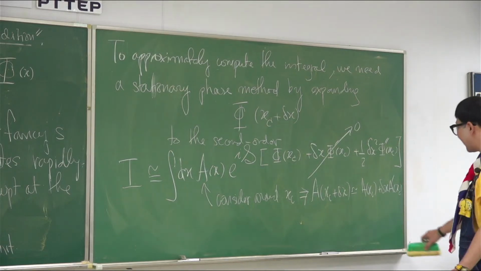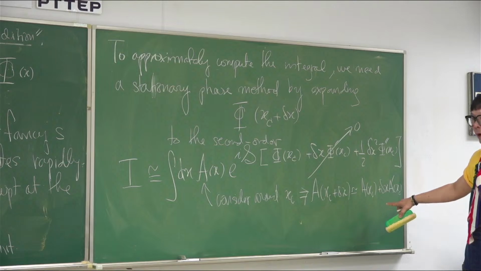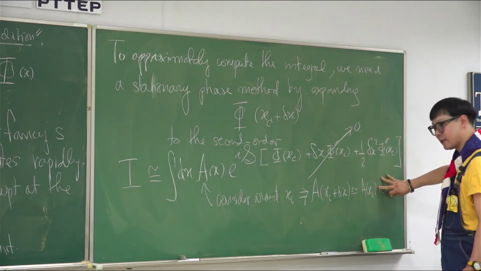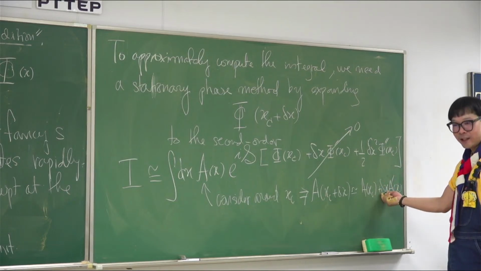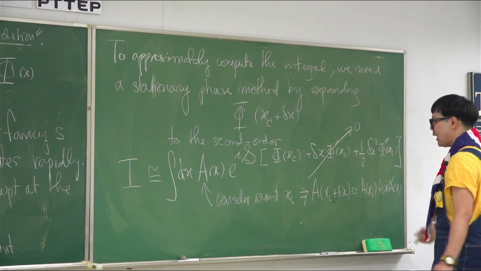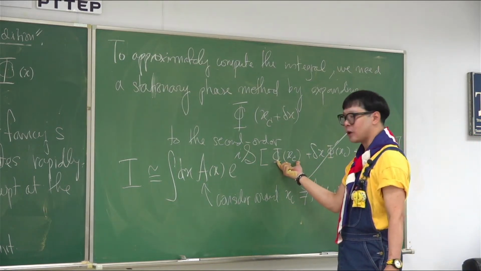Then once you put this thing into this integration and then you just ignore this term because it's very tiny, it means that this is going to be like a constant and you can take it out. And this one also constant, right?